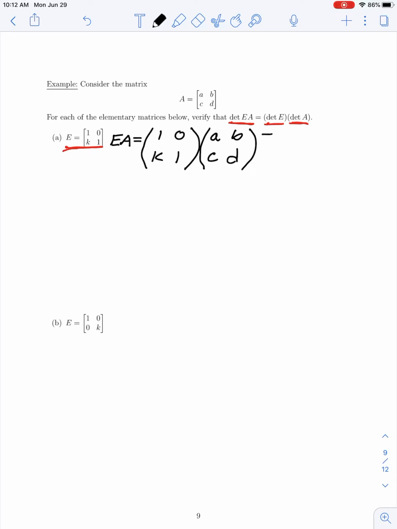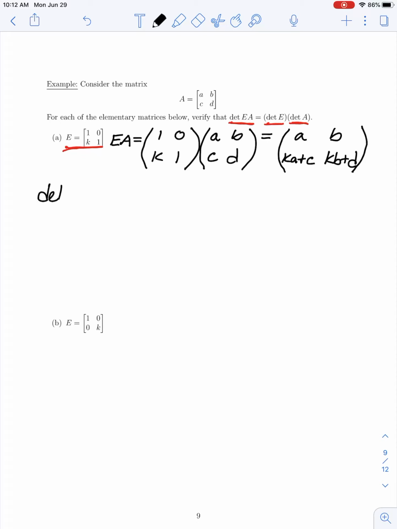For the product of two 2x2 matrices, we get a 2x2, where our first row, first column would be a plus 0, so a. First row, second column would be b plus 0, which is b. Then for our second row, first column, we have k times a plus c. And for our second row, second column, we would have k times b plus d.